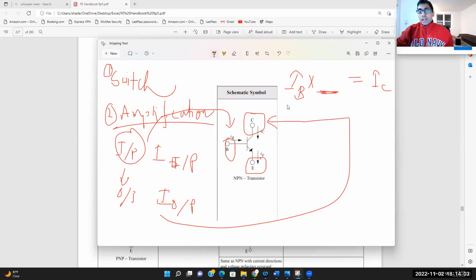That magnitude is actually represented by beta. So if I say my beta over here is 100, and my input current is, suppose, 1 milliampere, my output is multiplied by 100 times, so it would be 100 milliamperes.